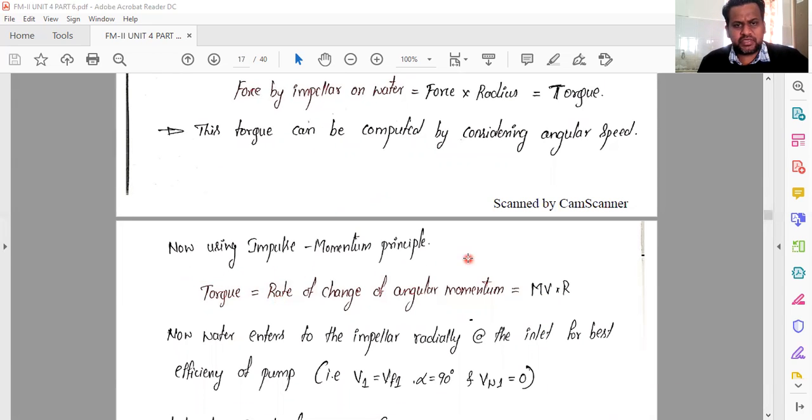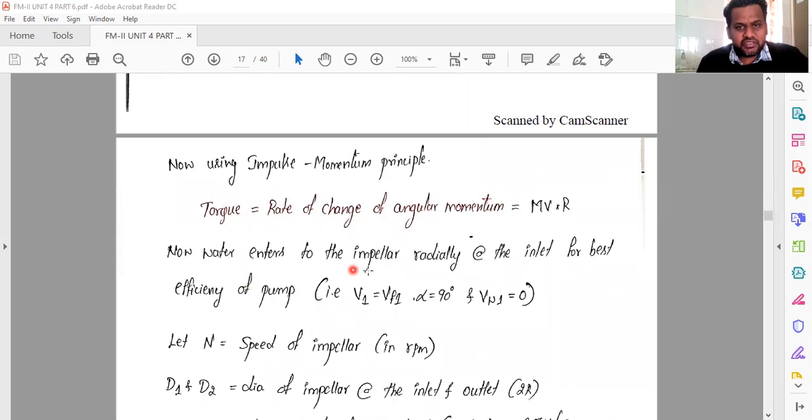Using the impulse momentum principle, the impulse momentum principle is nothing but force is equal to rate of change of momentum. So torque is equal to rate of change of momentum, but here it is angular momentum. So rate of change of angular momentum, mv into r. This also we have seen.